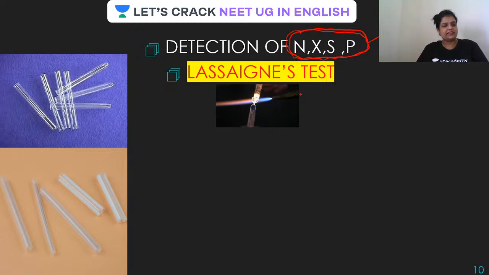Now, who was Lassaigne? He was a French chemist, and his name was Jean Louis Lassaigne. He gave this test, and out of all the tests we have so far, this test gives a very reliable, authentic result.